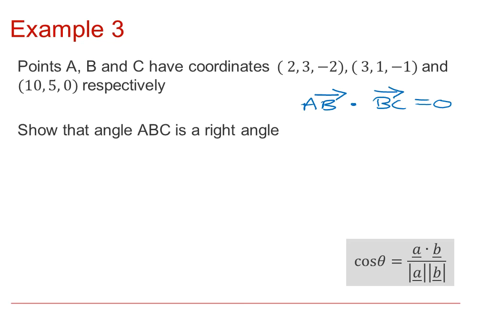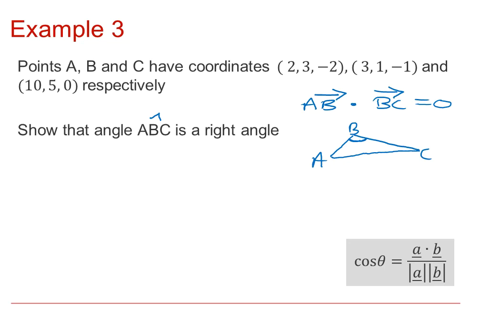So AB is perpendicular to BC, and some people may wish to have a hat over ABC. In other words, it's that angle B that we're interested in. Let me just draw a quick sketch. So if we have A, B and C, it's this angle here that we're trying to show is a right angle.